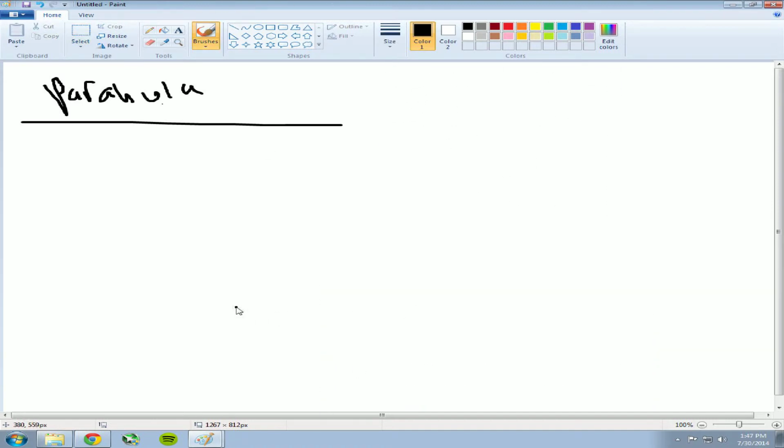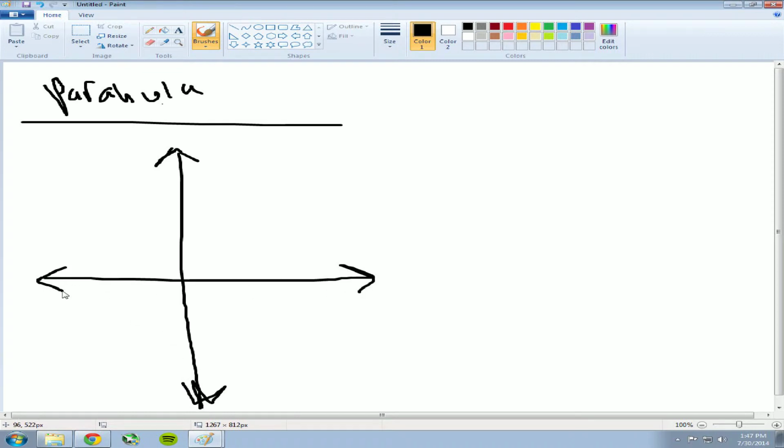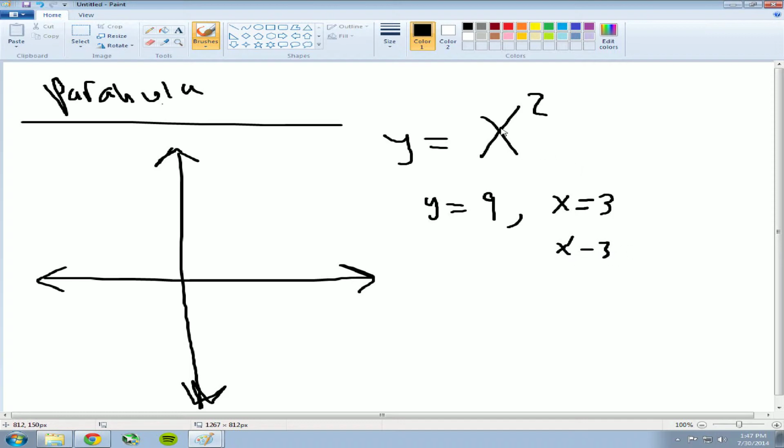So why does it have only one square? Well, if you look at a graph, if we do y equals x squared, this means that if y equals 9, x must equal 3 or x equals negative 3, because when x is 3, 3 squared is 9, and negative 3 squared is 9.